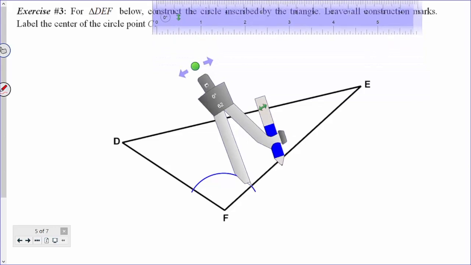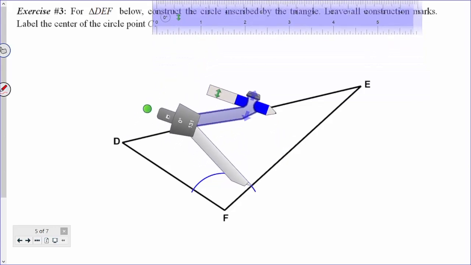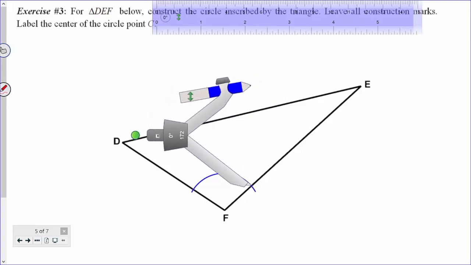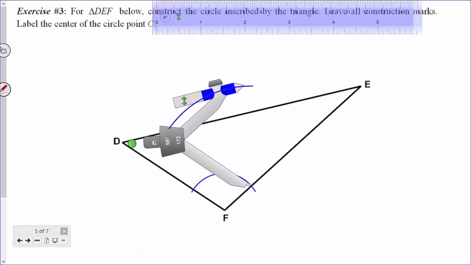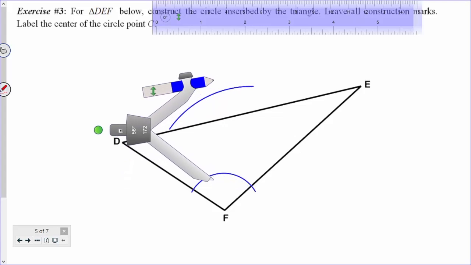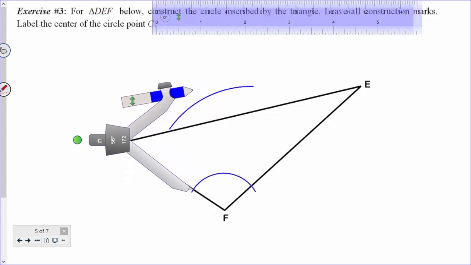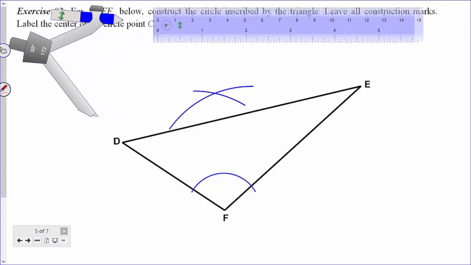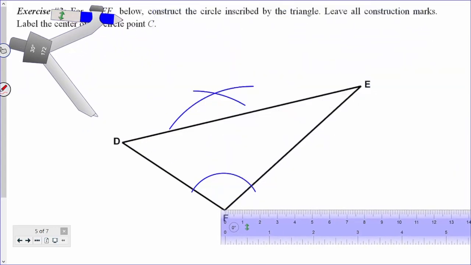Let me move my ruler up here. Make this a little bit longer, maybe even a little bit longer. And make this arc. Move this over to here. Make this arc. Get rid of my compass for the time being. Bring my ruler down. X marks the spot.